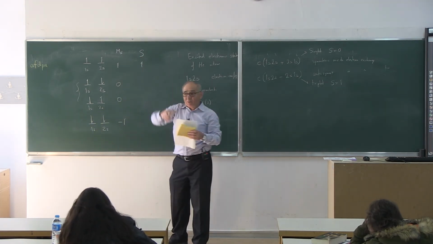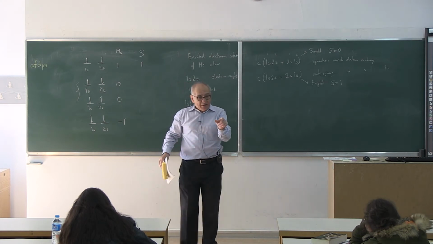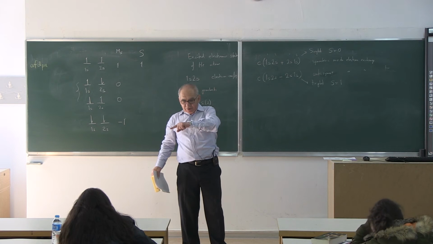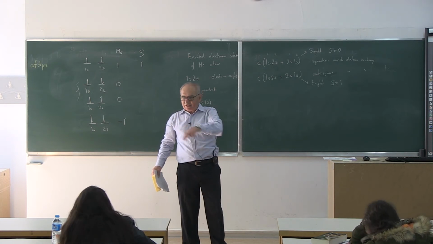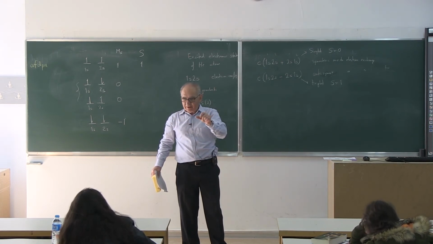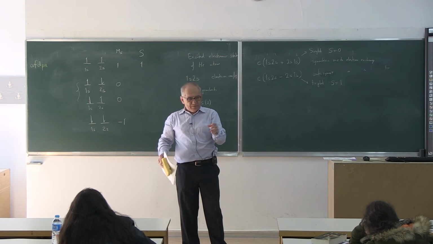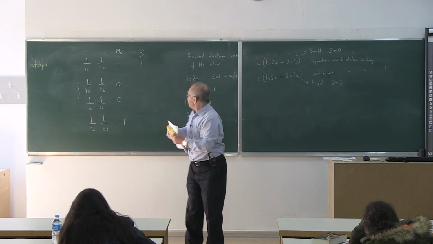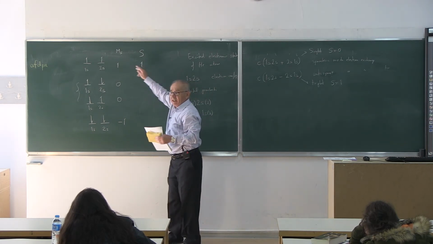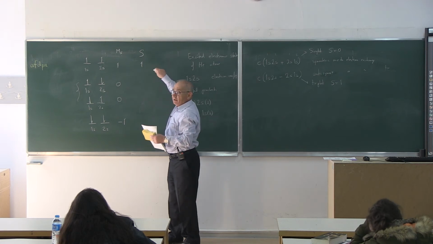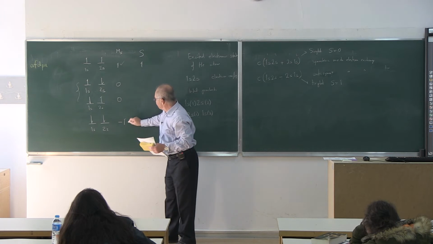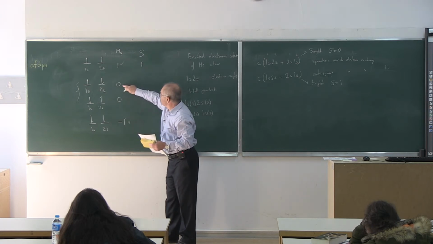Now, if s is 1, what are the total possibilities for ms? Ms ranges from s down to minus s in integer steps. If s is equal to 1, there must be ms 1, 0, minus 1. Here is 1, here is minus 1, but there are two zeros here.